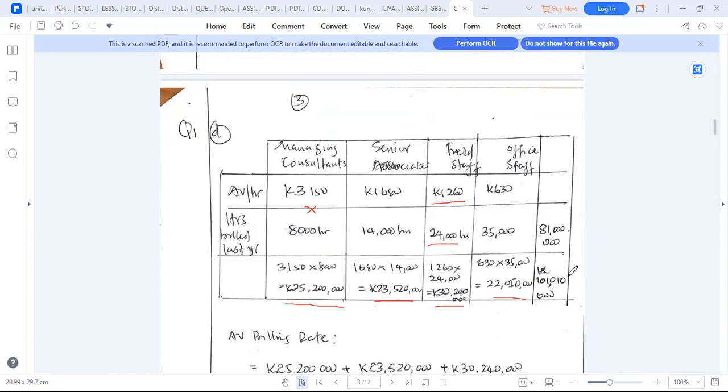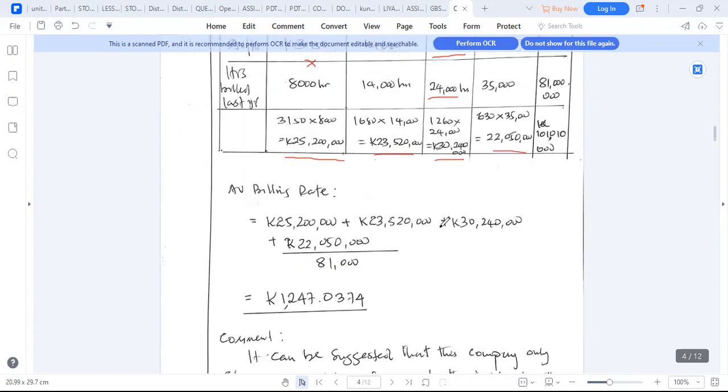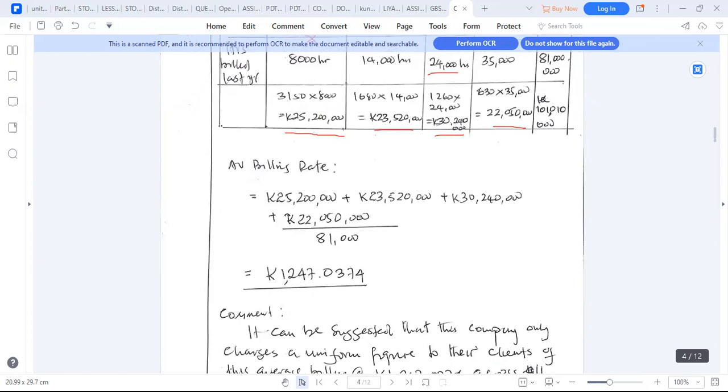So to find the mean, the total revenue is 101 million, and the total number of hours is 81 million. So to find the average, we're going to divide the sum of the revenues over the hours. So when we total up here, you can see we are finding our average rate as follows.